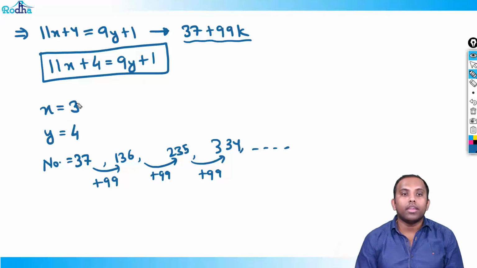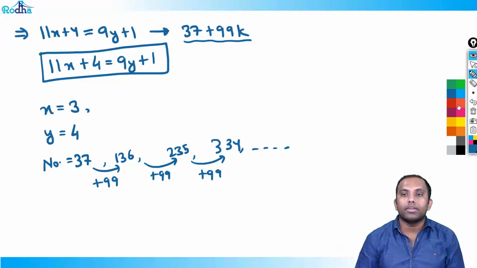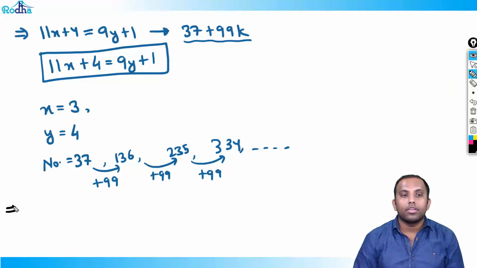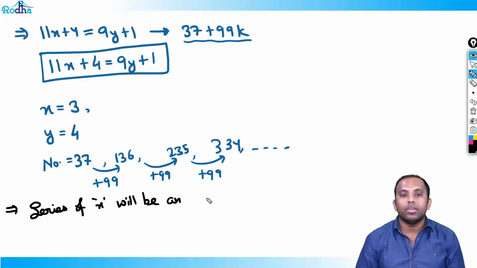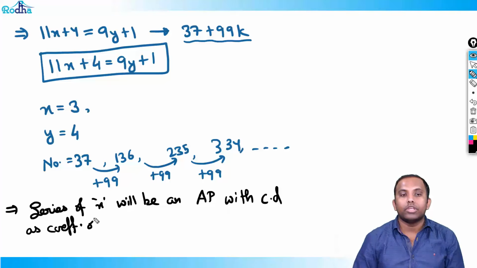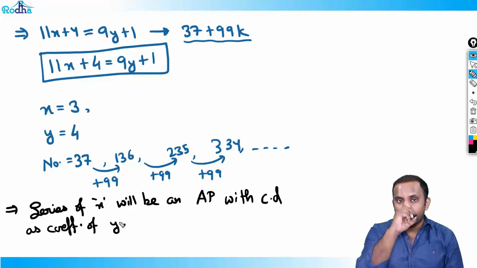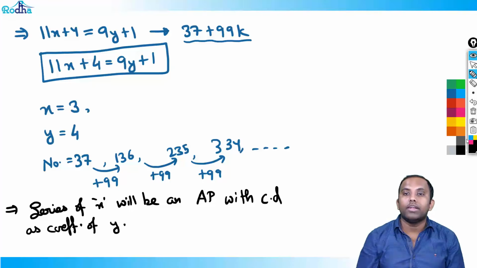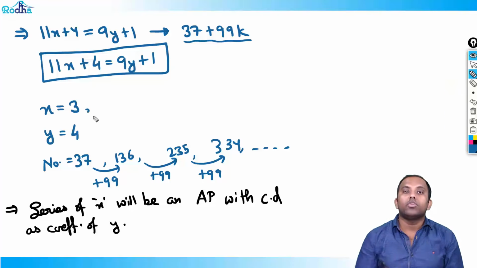Okay, so now the next value of x which you get here, directly you can write, x will form an AP. Okay, let me write right here. Series of x will be an AP with common difference as coefficient of y. Right, very important. That means after x equal to 3, we got by hit and trial, now we don't need to do any hit and trial, right?